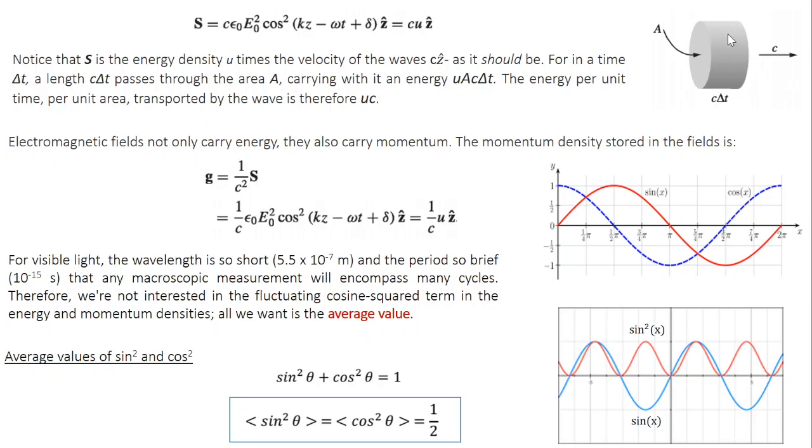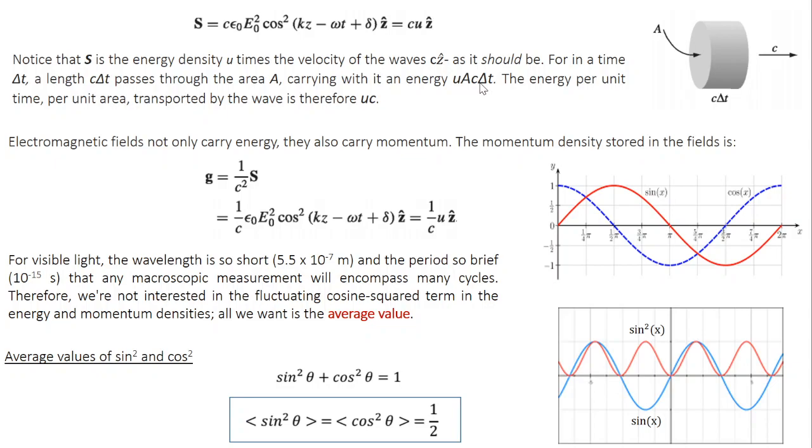So the total volume of this space is area A multiplied by length c delta t, A c delta t. If small u is the energy density of the wave, then the total energy is given by the energy density multiplied by the corresponding volume. So u A c delta t gives you the total energy.